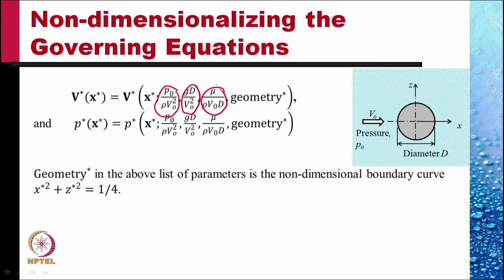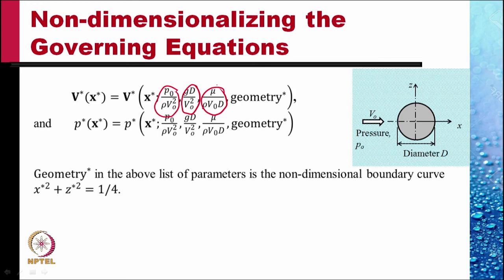Now the values of P naught and V naught could change, but if they change in such a fashion that P naught by rho V naught square remains constant, and these 3 groups remain the same, then the 2 experiments are the same. They will give the same non-dimensional solution V star as a function of x star.